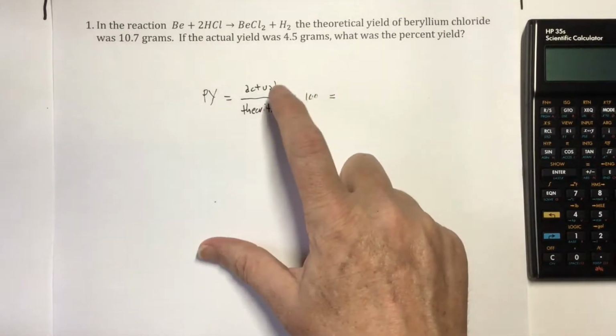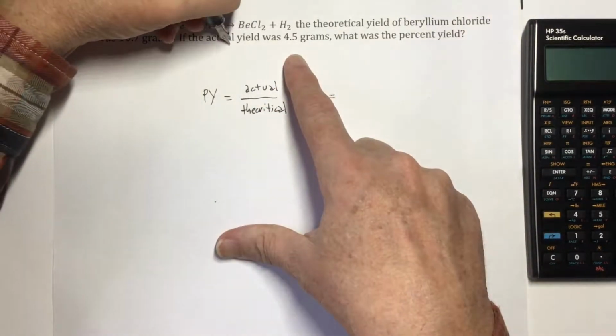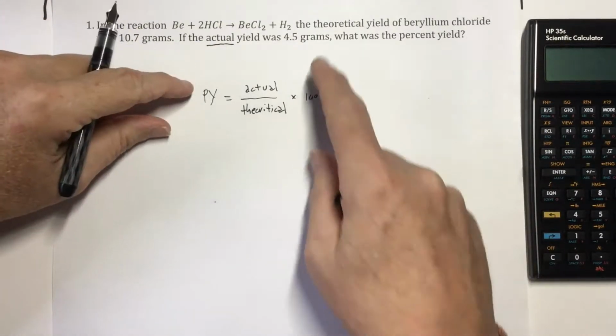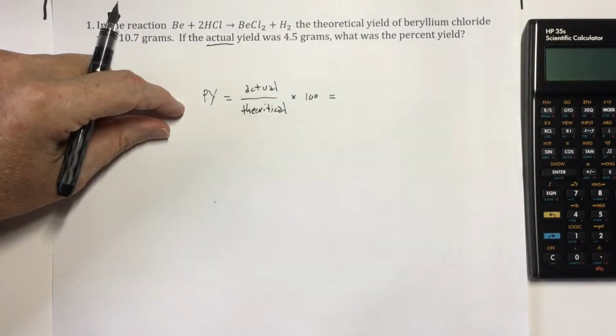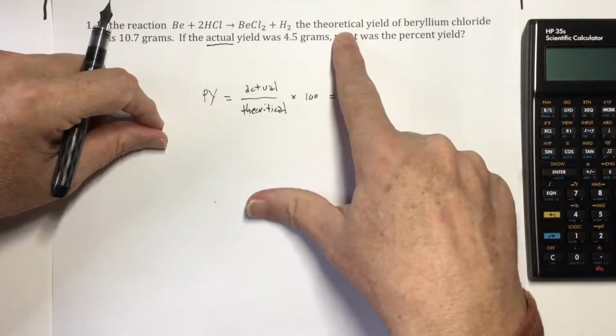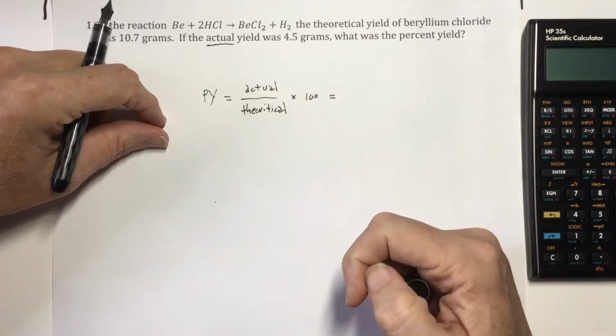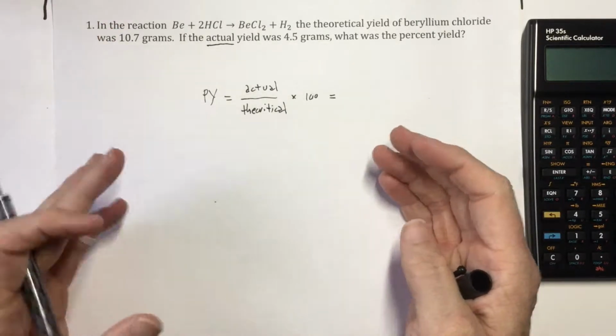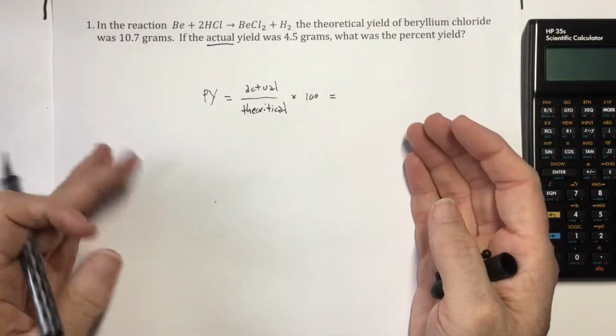Now, the actual is what we get when we actually conduct an experiment and weigh the result. That's an experimental result. The theoretical yield is what stoichiometry always gives you. When you perform a stoichiometry, it assumes you have a perfect reaction, but there's no such thing as a perfect reaction.